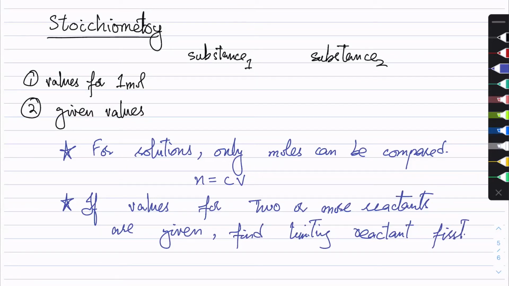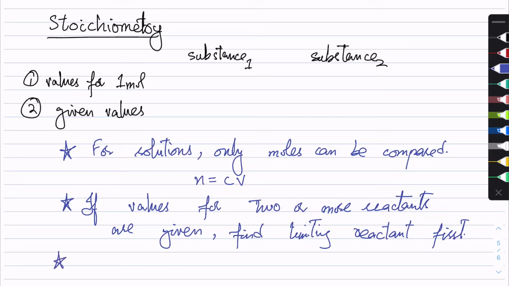Okay, if the values of 2 or more reactants, मतलब usually वो आपको एक reactant की information देगा या एक product की information देगा, दूसरे की मांग लेगा. But अगर वो आपको 2 की information दे देता है, that's a big hint that this is a limiting reactant question. And you have to first find the limiting reactant, and then you have to move on to whatever the question is asking. Okay, so that's the second step.